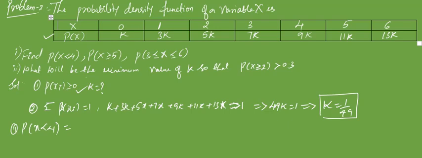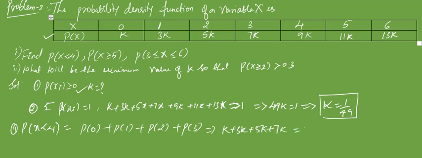So you have to take probability of 0 plus probability of 1, probability of 2 and probability of 3, whose values are k plus 3k plus 5k plus 7k. What you can do is take k common out and add the terms 1 plus 3 plus 5 and 7.